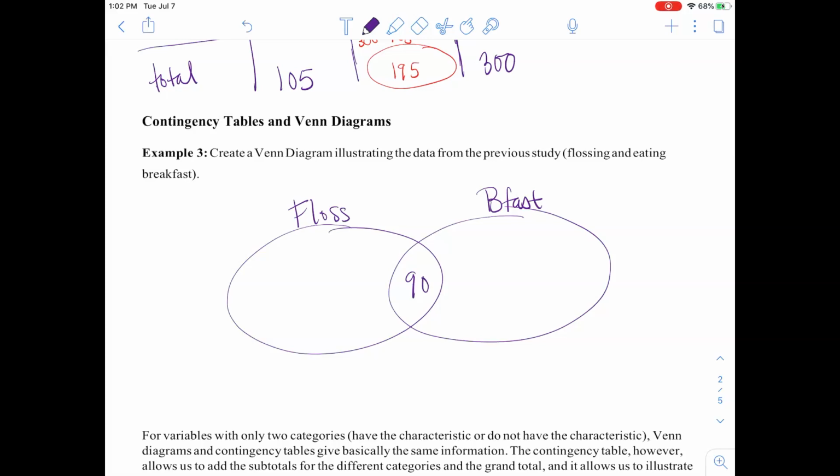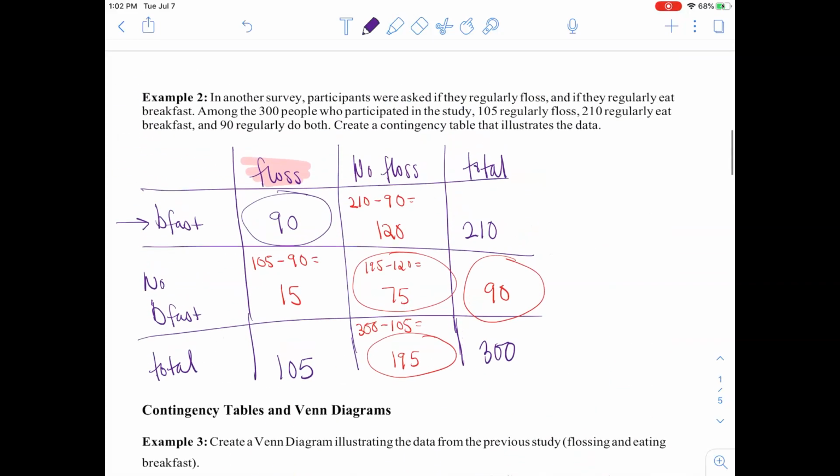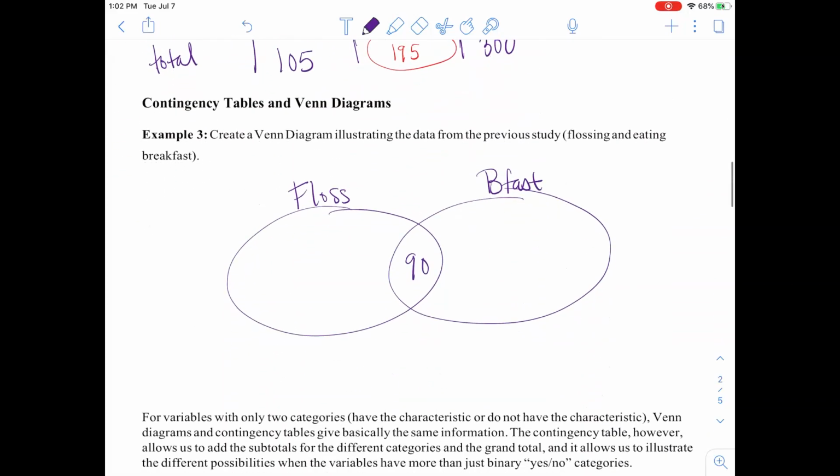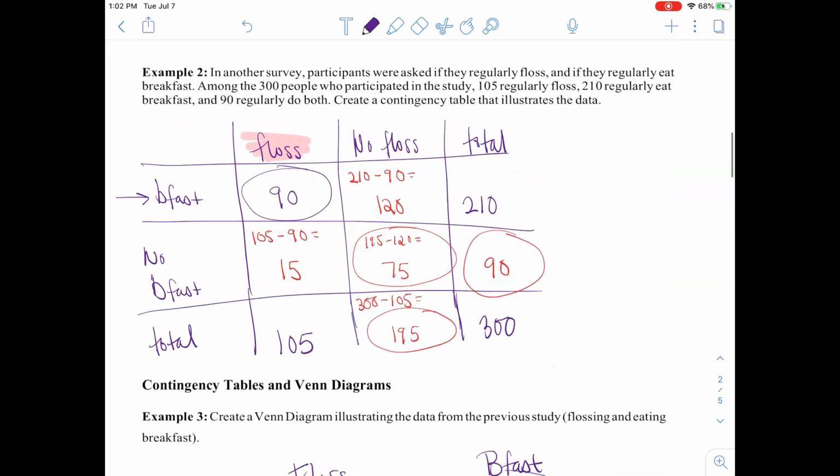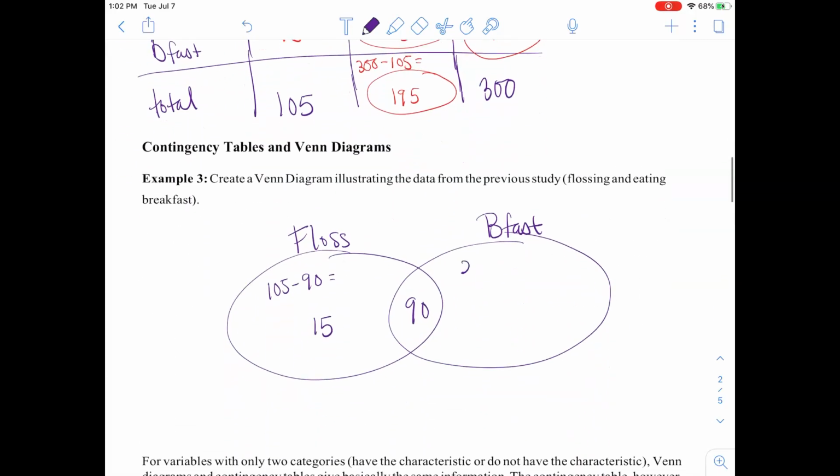We also know, and again, just scrolling up to the data up here, 105 floss. Well, that would be 105 minus the 90. And so we get 15 just floss. We also know, going back up here, 210 like breakfast, but 90 are already accounted for. And so that's why we get 120.